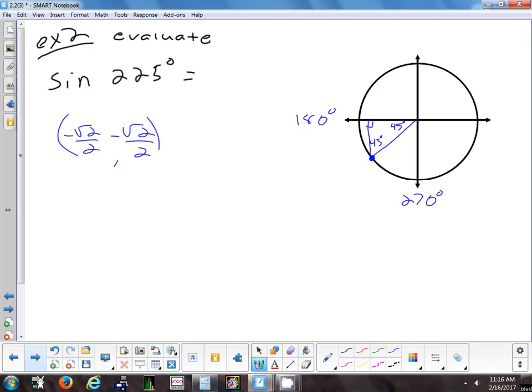So they're both negative. And now this problem is asking for just the sine. Okay, so what's the sine of 225? Yeah, it's the y value, which in this case is negative square root 2 over 2.